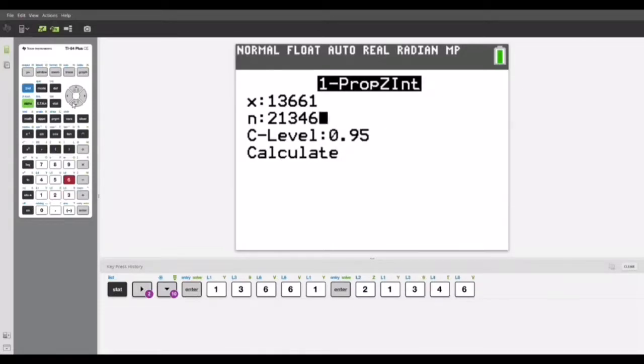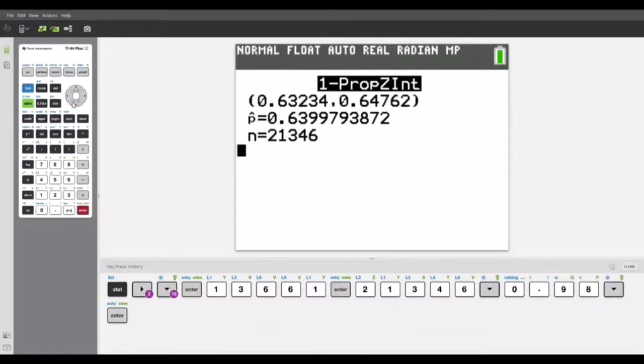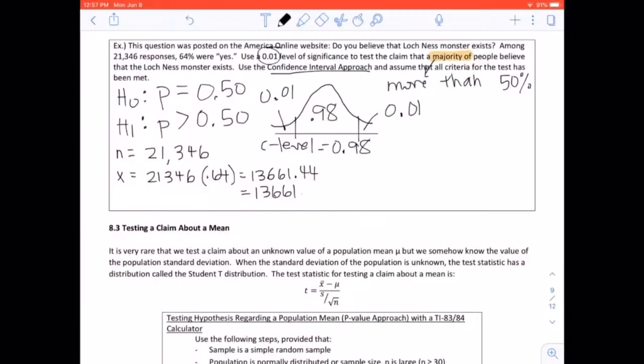Our confidence level on this problem is 0.98. And go down to Calculate, and we get our interval with our lower bound and our upper bound. The interval that we get, rounded to 3 decimal places, is 0.632, comma, 0.648.